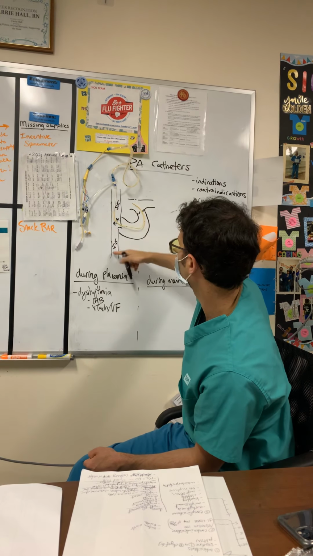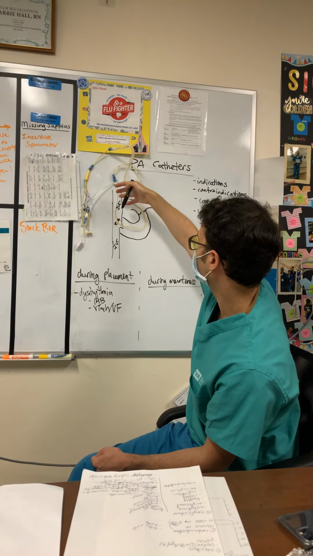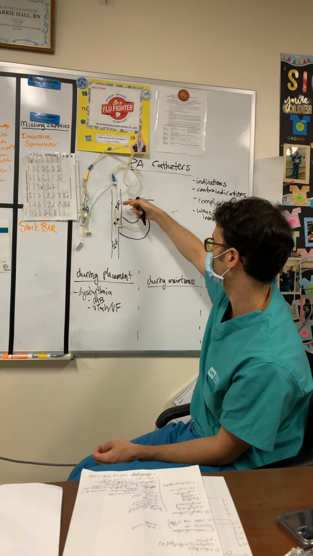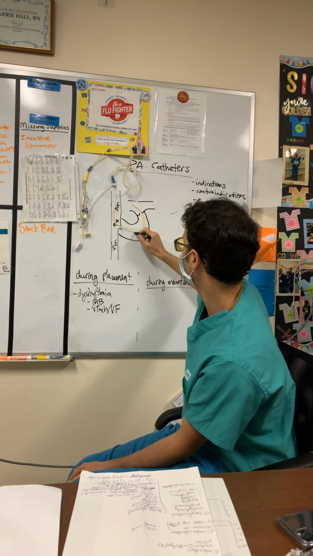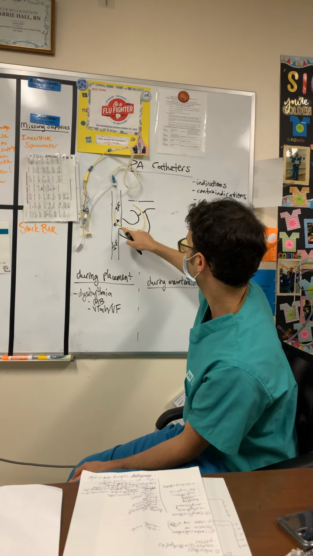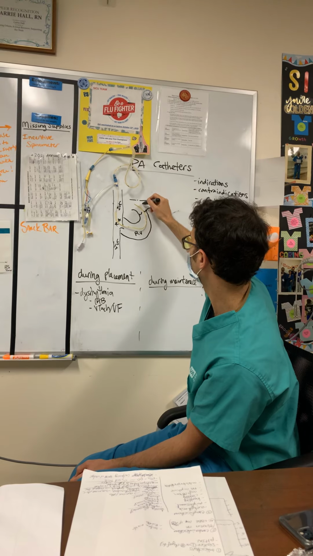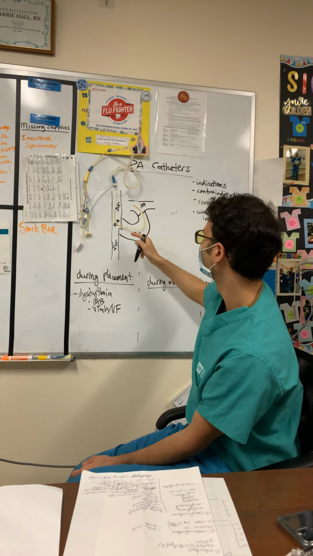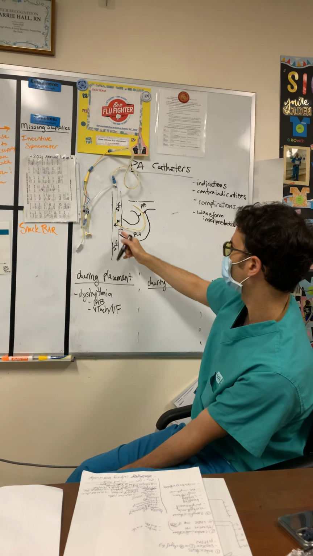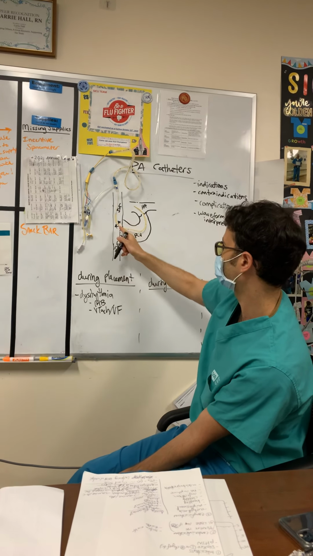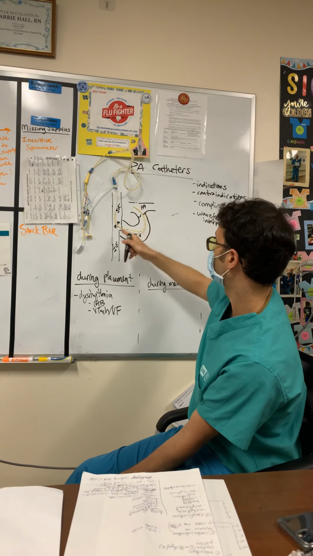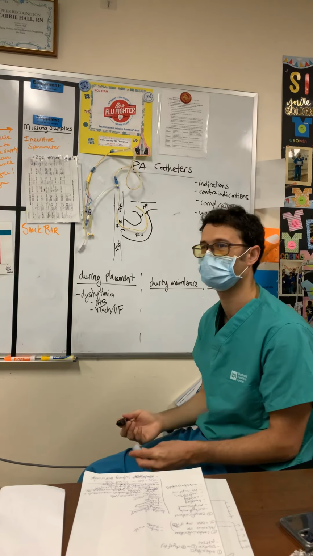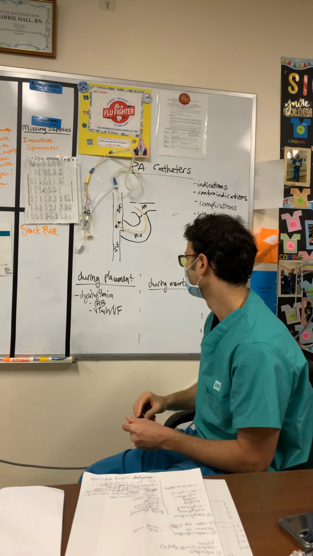Notice how these are all one area, and we conceptually break them down into three separate parts. Here's the RV, tricuspid valve, pulmonic valve, and here's your pulmonary artery, the main PA splitting into the right PA and left PA. VTAC and VFib are most likely to happen when the catheter tip is making its way through the RV, because it hits the walls and can generate a ventricular arrhythmia.